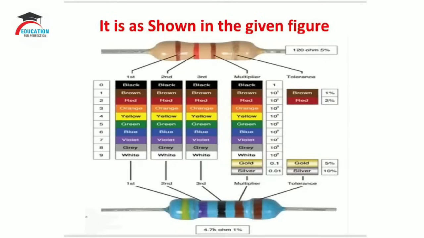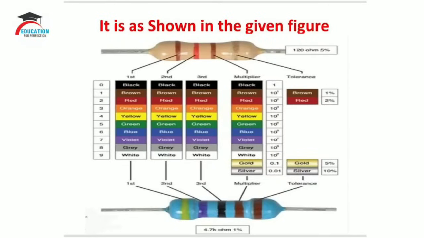You can see, friends, let us take one resistor as an example, that is of 120 ohms with 5% of tolerance. So here, how can we calculate the resistance of value 120 ohms with 5% tolerance? So let us try to understand the color codings and its bands.